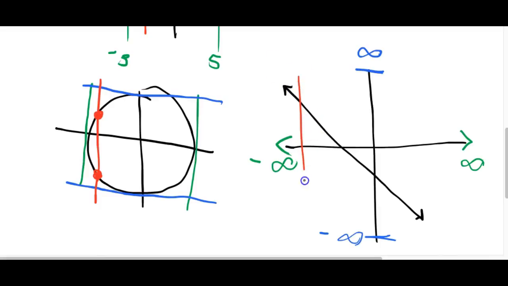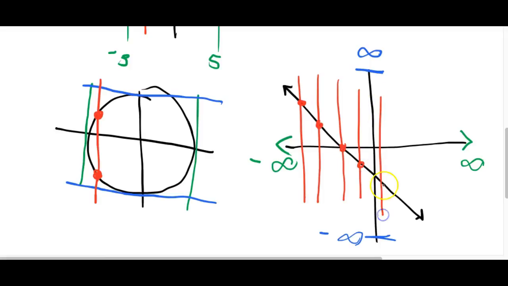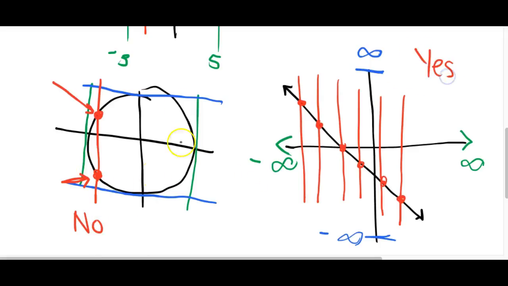Now when I do my test and I draw my vertical line, my up and down line, if we look, it touches the graph there. Touches the graph there. So far so good. See how it only touches the graph at one point? While this one hit the graph there and there. That can't happen for it to be a function. So this is a no, and this one is a yes. This is not a function, while this one is.